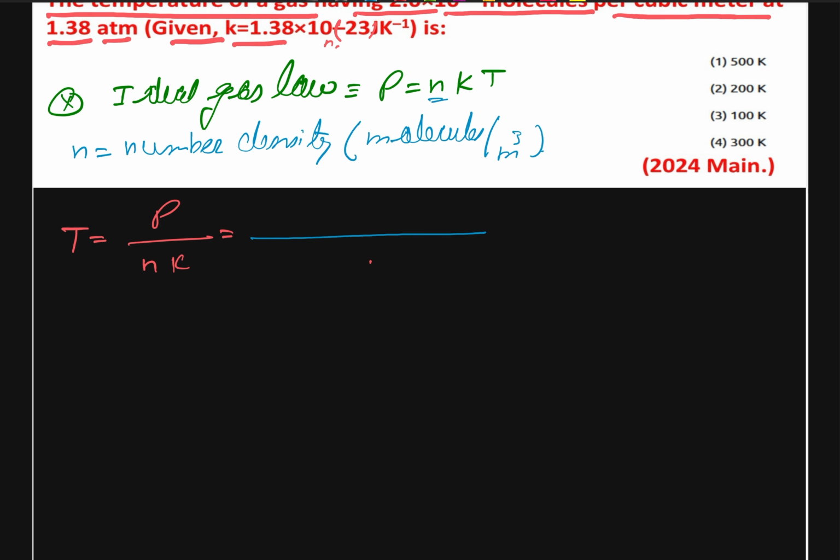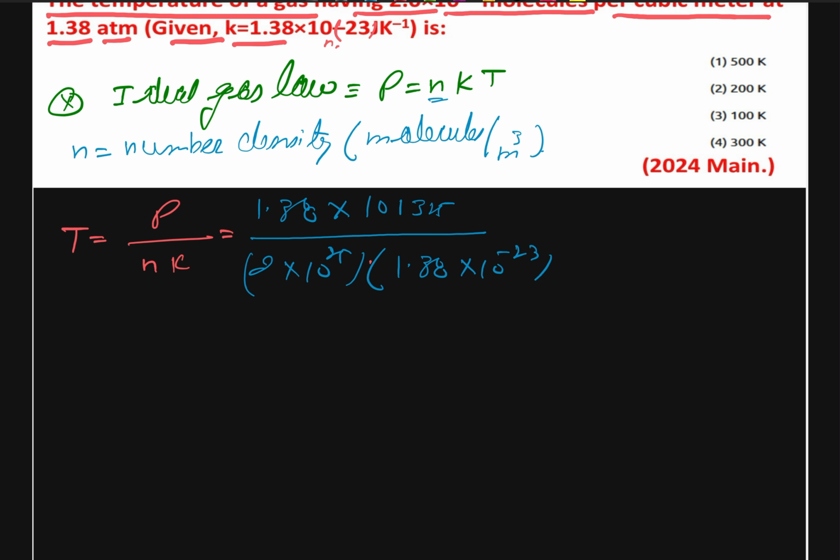So we can write this as 1.38 multiplied by 101,325. Now it is correct, divided by 2 into 10 to the power 25, and we have this as 1.38 into 10 to the power minus 23.